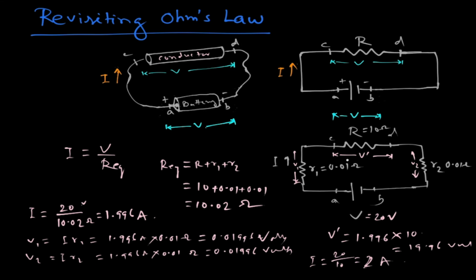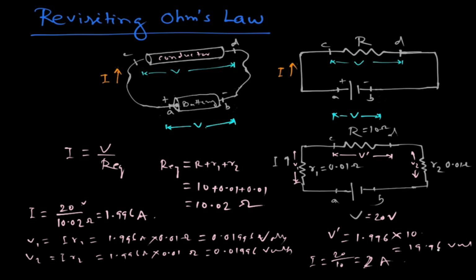So in comparison to that resistance, these resistances are very small, so they may be ignored. So practically we can consider this voltage is equal to this voltage, but actually this voltage is slightly lower than this voltage.